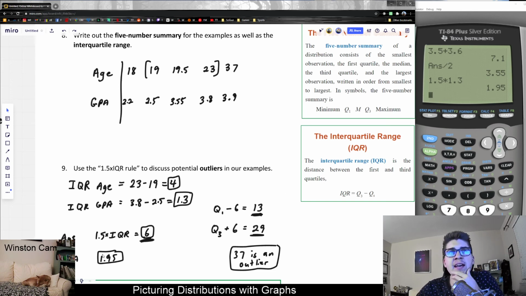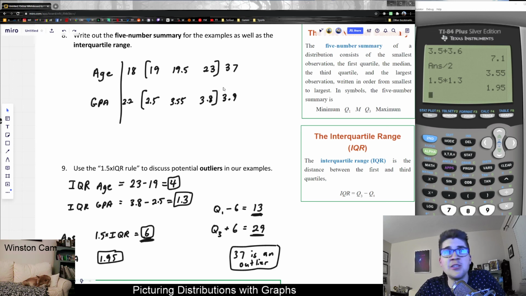And for GPA, in order to be an outlier, you have to be almost, let's just say, 2 GPA points away from quartile 1 and quartile 3. So you'd have to take this and add 1.95. That would mean the GPA would have to be something like 5.7 to be an outlier on the positive side, which is impossible.